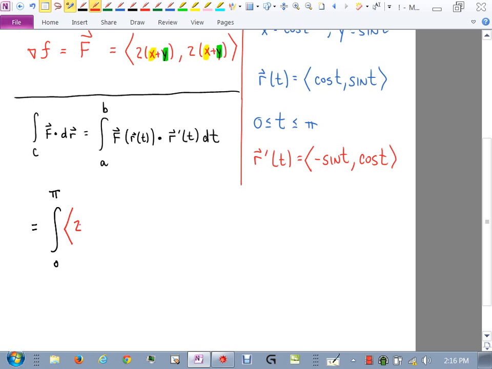It is 2 times x, which was cosine t, plus y, which was sine t. That's the first component of F. The second component is cosine t plus sine t. Close off that vector. Dot that with negative sine t, cosine t, and then dt.